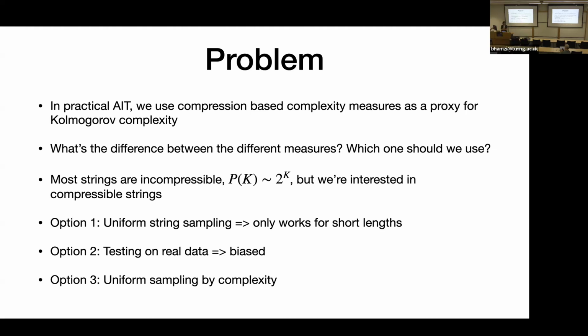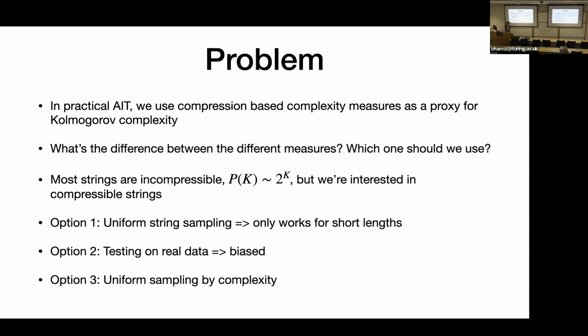The first option is to look at how different complexity measures compare on sampling random strings, but this only works for very short lengths where you can actually sample very low complexity strings. The second option is to compare complexity measures on real data, but real data also has different biases, and results that apply for one data set might not generalize to another.